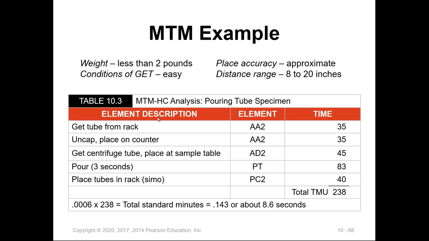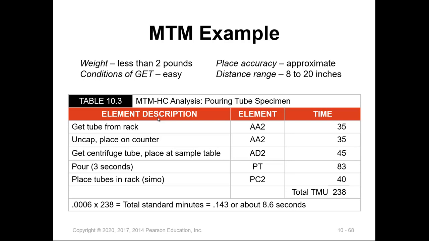A technician removes the sample tube from the rack, uncaps it, gets the centrifuge tube, pours, and places both tubes in the rack. Weight is less than 2 pounds. Condition of get is easy. Place accuracy is approximate. The distance ranges from 8 to 20 inches.